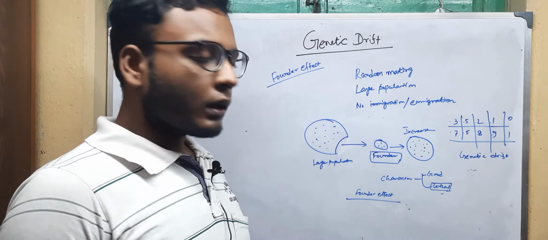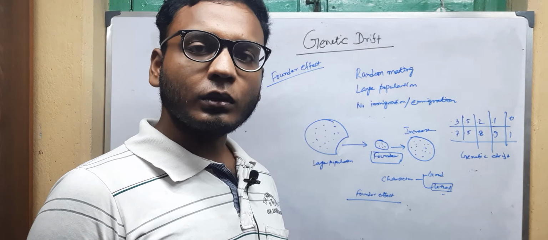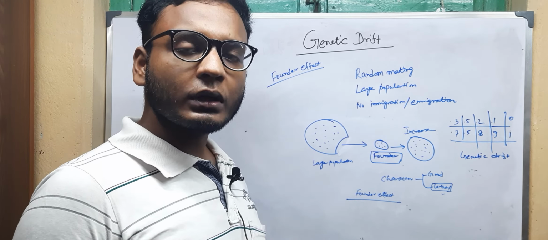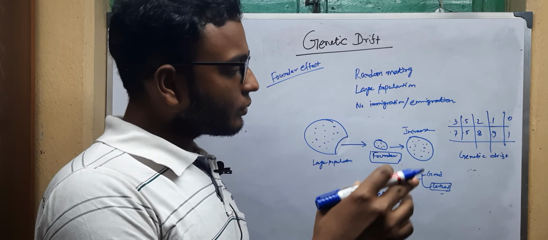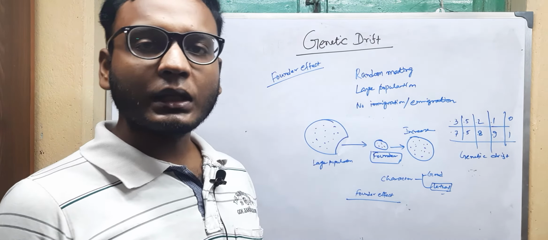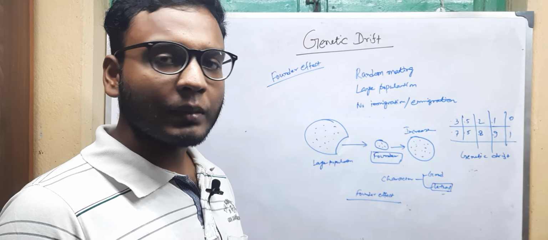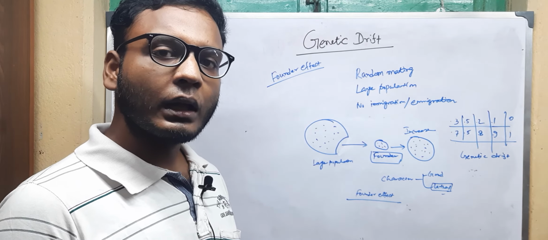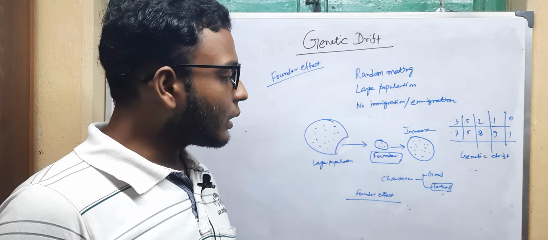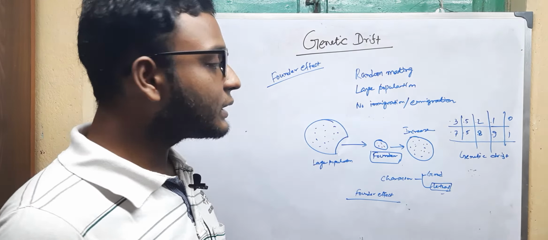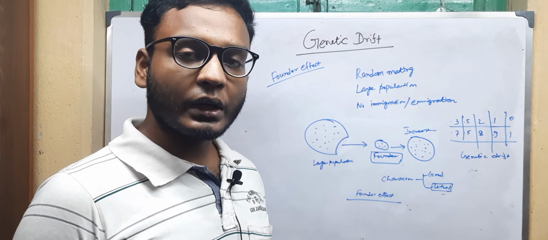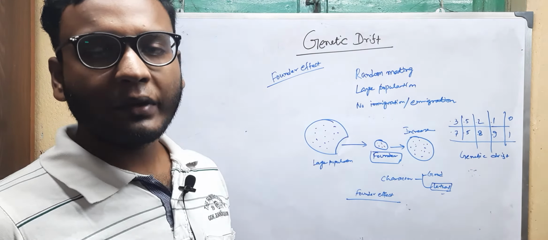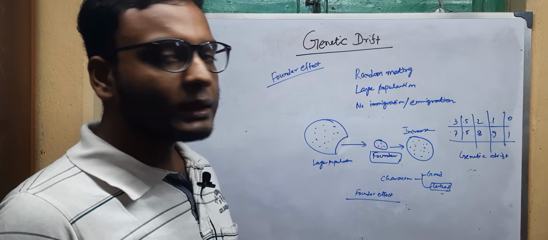The founder individuals carried the genes responsible for the disease, and when they multiplied in the new region, they produced the same disease, that is known as Huntington disease. This is also an example of the founder effect. So both of these phenomena, founder effect and bottleneck effect, are the result of genetic drift.